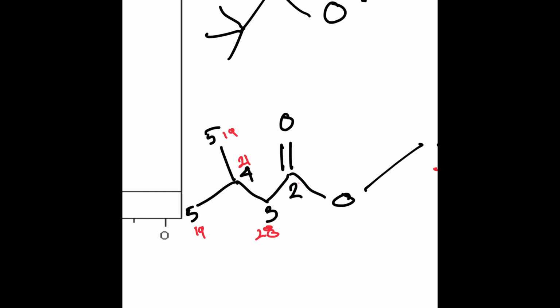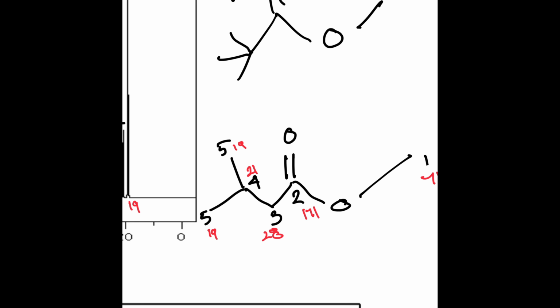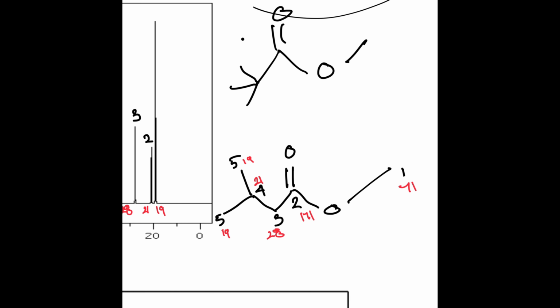So carbon number 2 is going to be peak number 5 with a ppm value of 171. Okay, with that being said, we have determined this as a possible structure, but this is not necessarily the final structure. We're going to have to confirm that with the proton NMR.